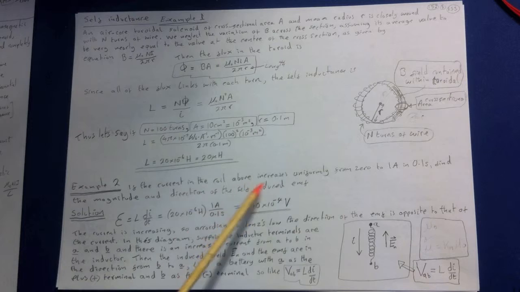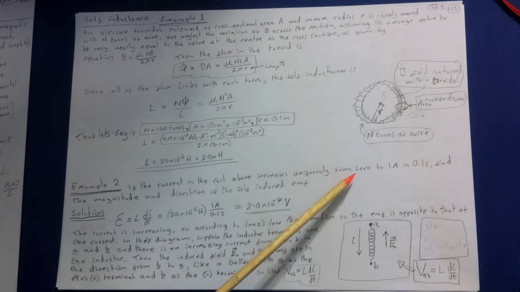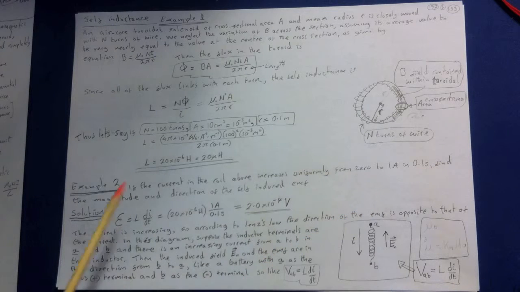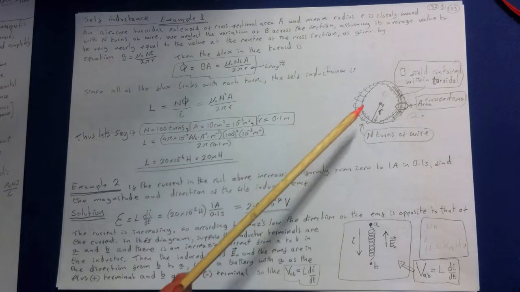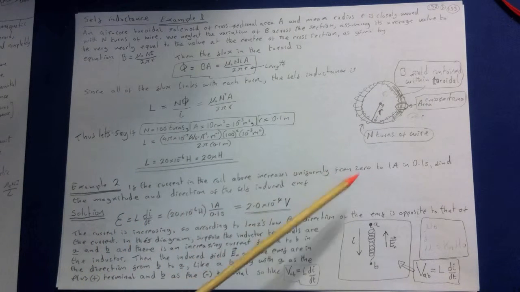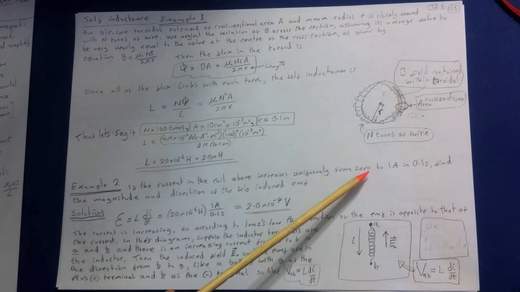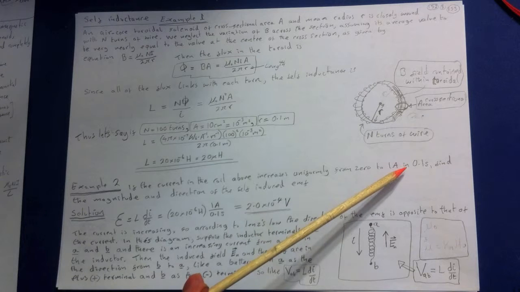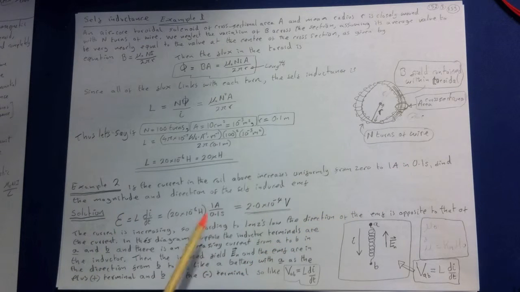If the current in the coil above increases uniformly from 0 to 1 amp in 0.1 seconds, find the magnitude and direction of the self-induced EMF. Now it's easy because we know the inductance, a tabulated value. So we use EMF equals L di by dt. The current has gone from 0 to 1 amp in 0.1 seconds, so di by dt is 1 amp divided by 0.1 seconds.